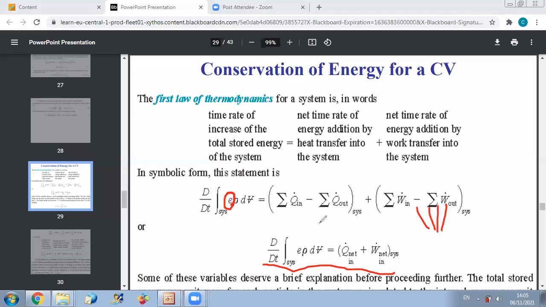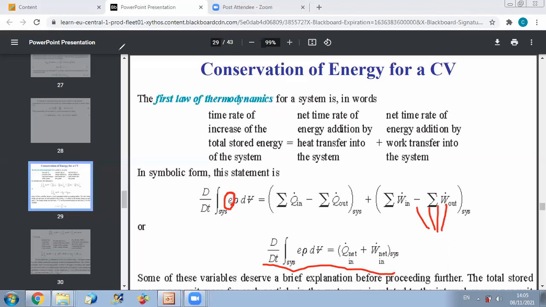Okay, and this is logical because if we supply heat to a system, its energy will increase. If the system produces work, its energy will decrease. So everything coming inside the system as energy and work will increase the stored energy of the system, and everything going out will reduce this energy.